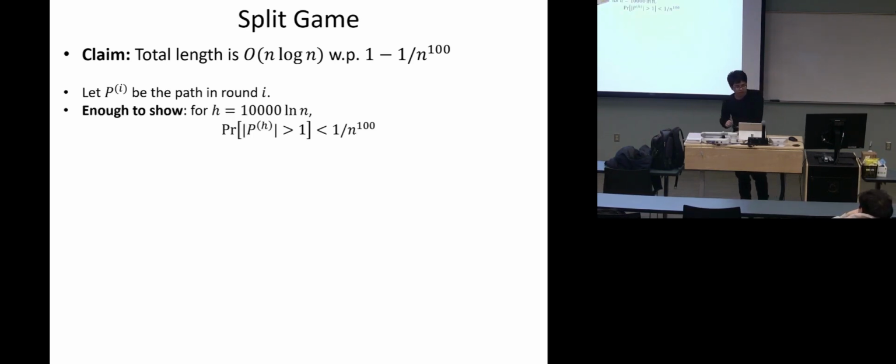And it's going to be enough for me to show this: the probability that the path at round h, where h is something like log n, still has more than 1 node, is tiny.